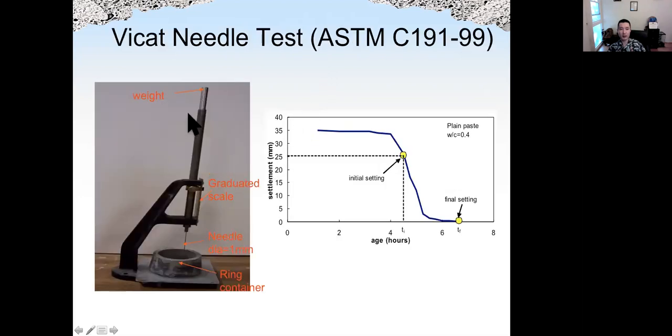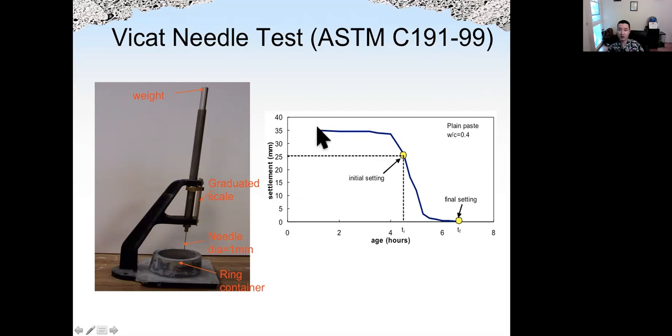Here shows the measurement for initial and final setting time for mortar samples. We use a needle with a certain weight and certain diameter. The sample of mortar is mixed here, and every 5 minutes or so, we try to penetrate the sample with a needle, and we record how much settlement, which is the penetration depth.